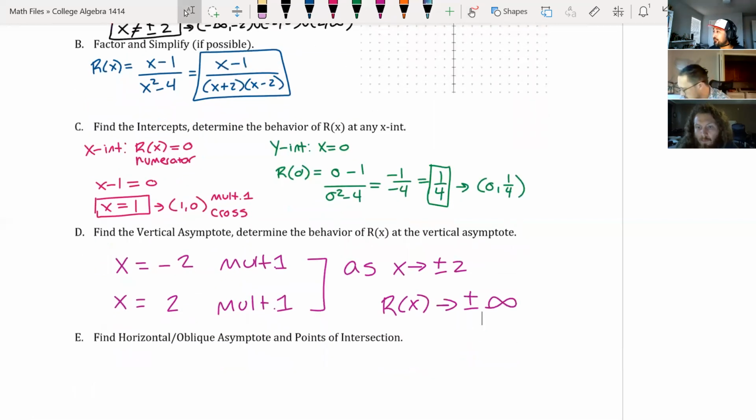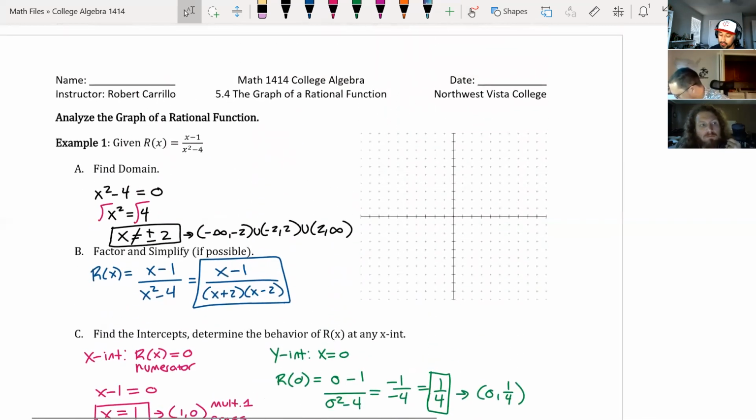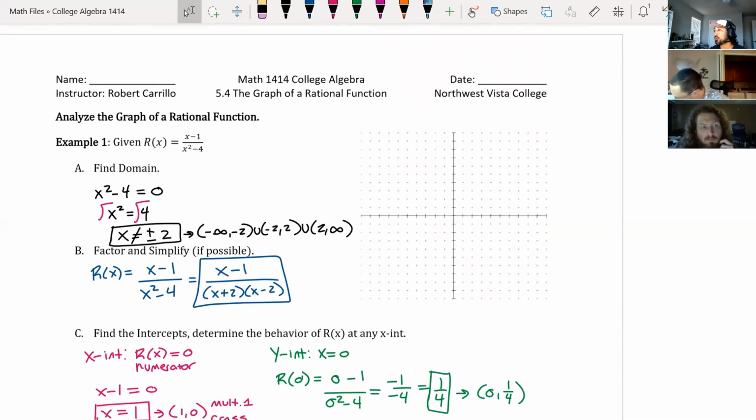Next is find the horizontal or oblique asymptote. Oh boy. So now we must remember our rules of horizontal asymptotes. Those rules go with the exponents of the numerator and the denominator. So if we look back at our function, what is the degree of the numerator?